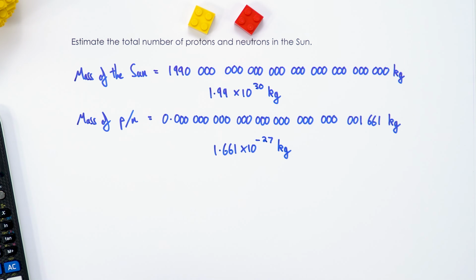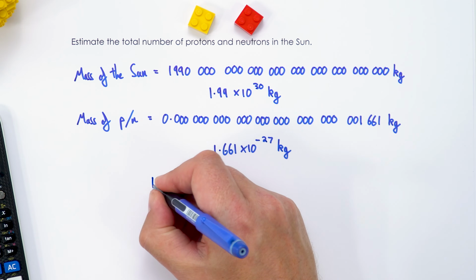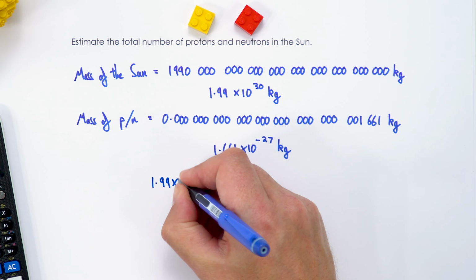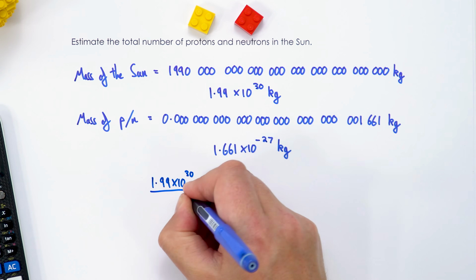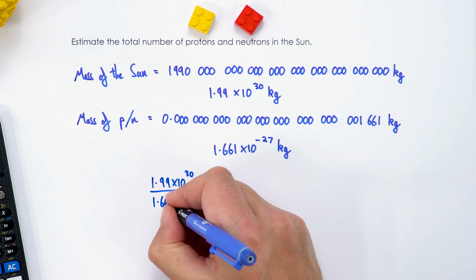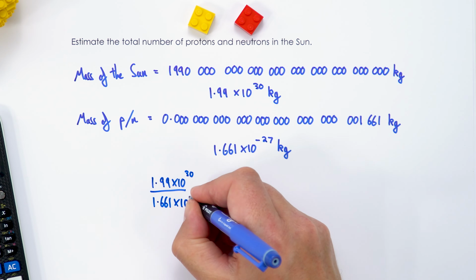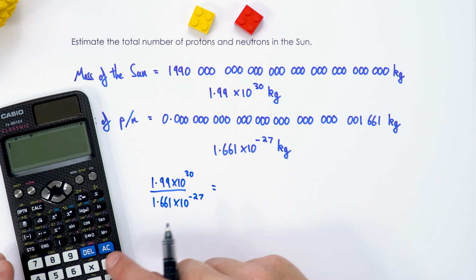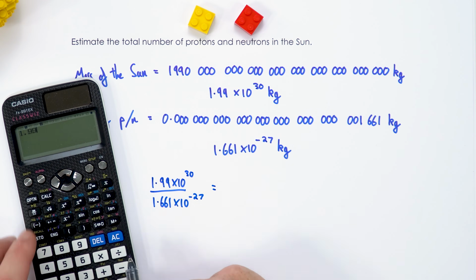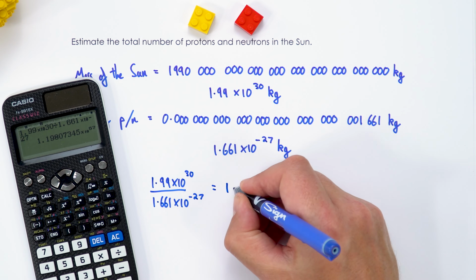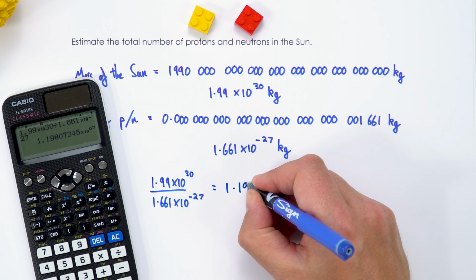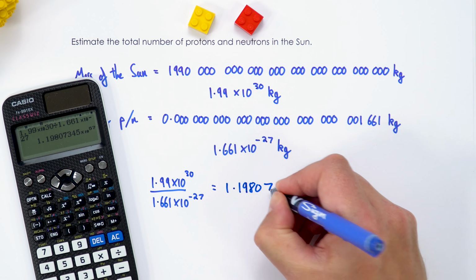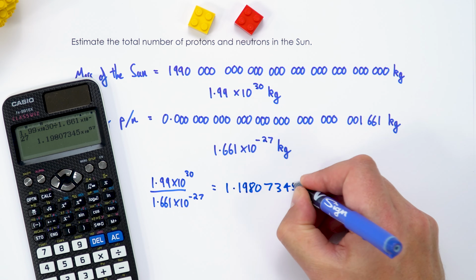So then, when it comes to the calculation, it's relatively straightforward. We just write 1.99 times 10 to the 30 divided by 1.661 times 10 to the minus 27. And that means you can easily work that out on the calculator, which gives a number of 1.1980735.